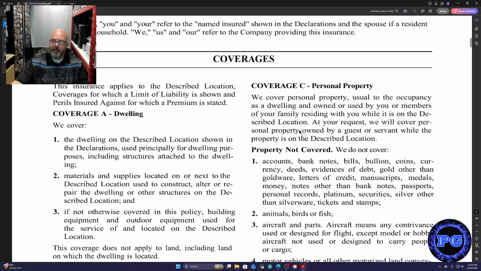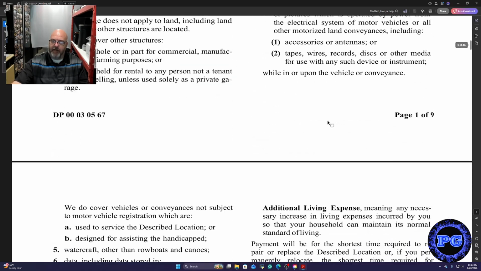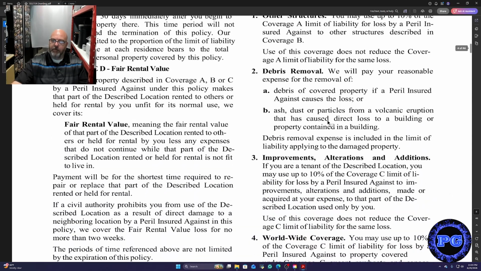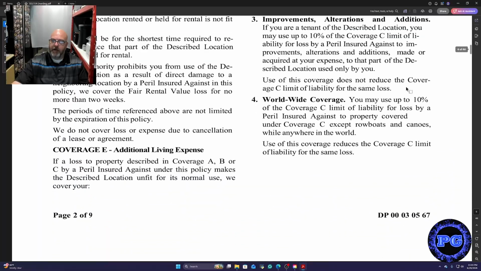So while it's on the described location. So at your request, we will cover personal property owned by a guest or a servant while the property is on the described location. So that's something to understand, right? But they're saying, look, other coverages, they're going to give you worldwide coverage for 10%.